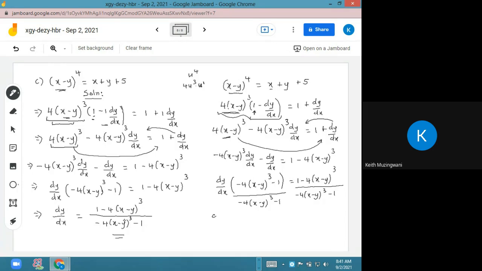So we remain with dy/dx is equal to 1 minus 4(x minus y) to the power 3 over negative 4(x minus y) to the power 3 minus 1.